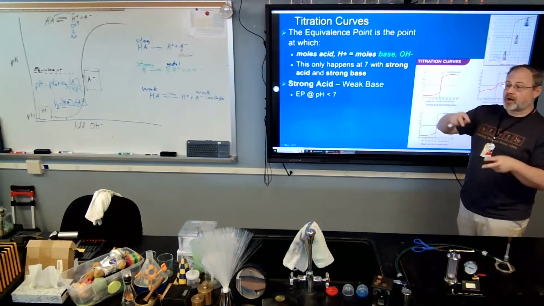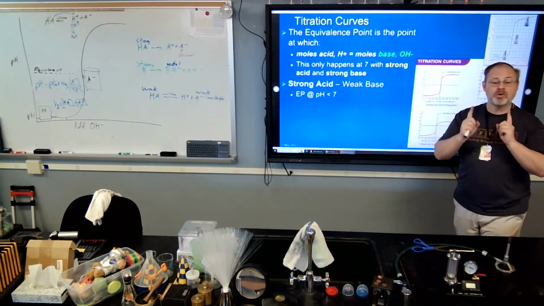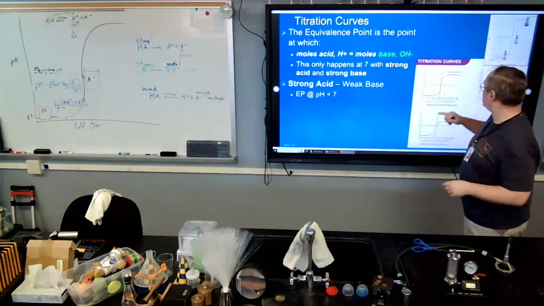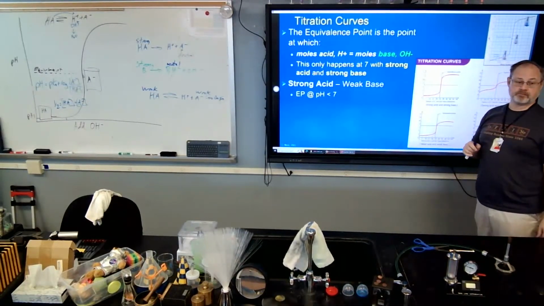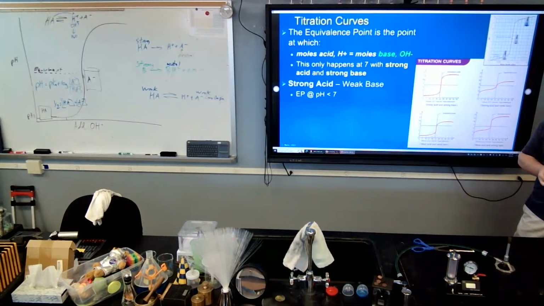Both make two negligible conjugates, so the equivalence point is 7. After the titration, the leftovers have no effect on acidity or basicity.